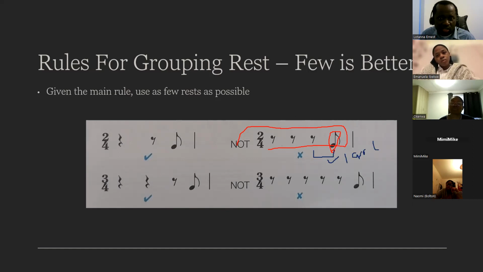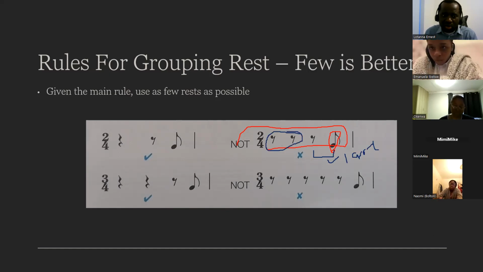So it means that these other two, I can just combine together as one crotchet, because they're not complementing anything. So that at the end of the day, I have something like this.